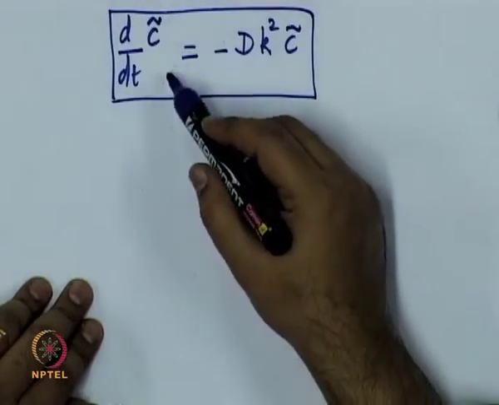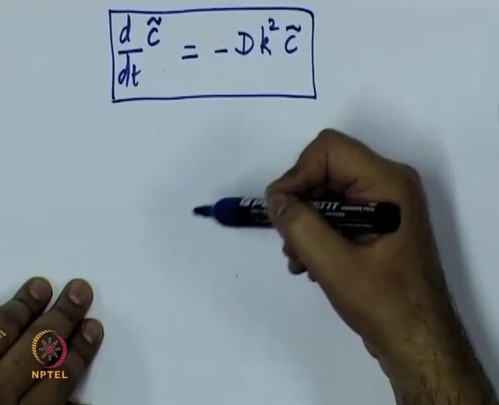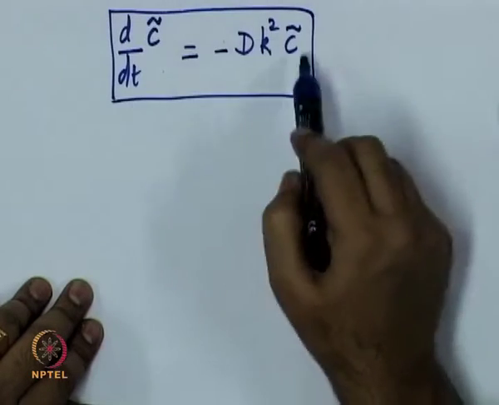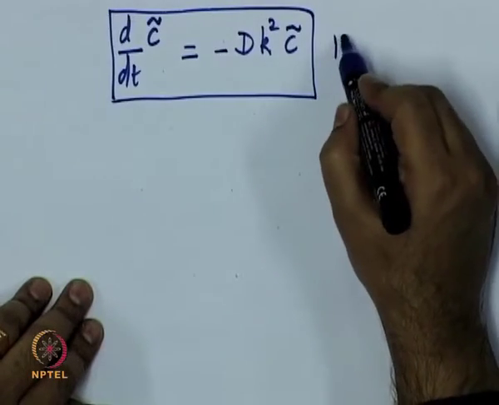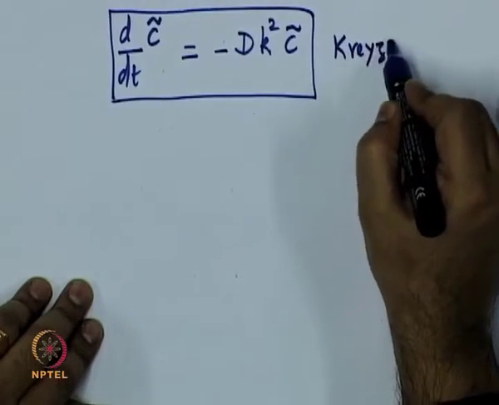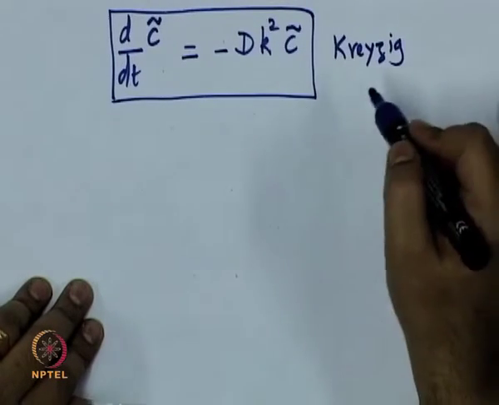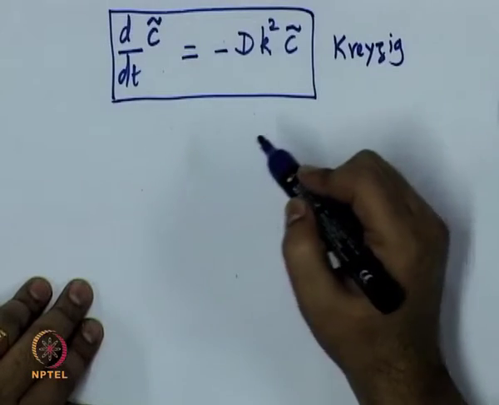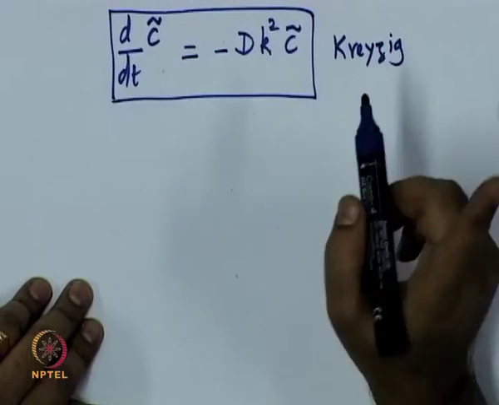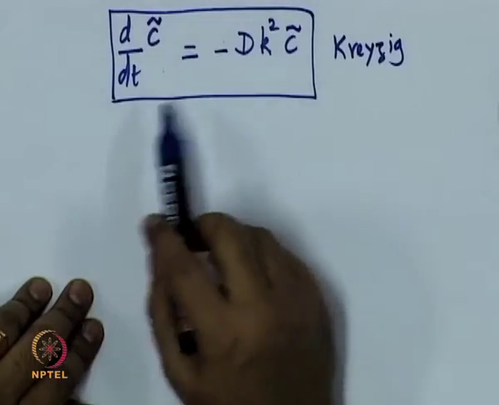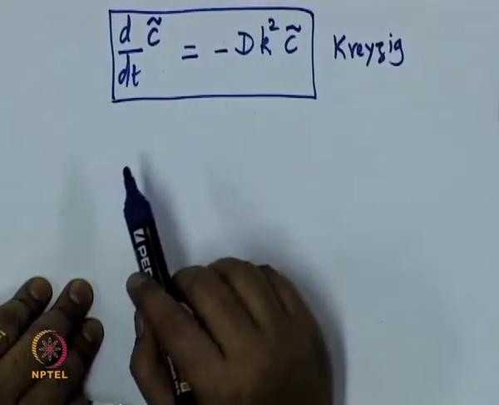I am not going to show you how to solve beyond this point analytically, but you can look up textbooks. For example, the derivation of this itself is available in Kreyszig's book. It is given as one of the solved problems using Fourier transforms to solve the diffusion equation. In his case, like I said, he talks about the heat conduction equation. But it is the same, so you can solve this.